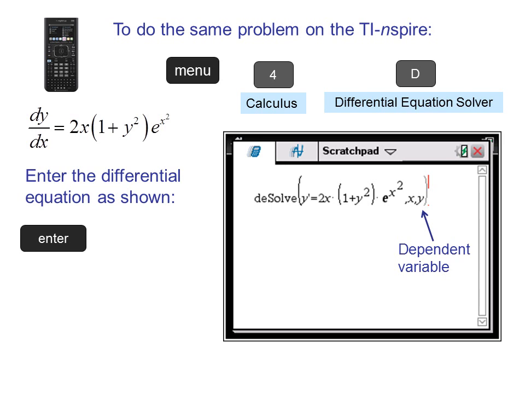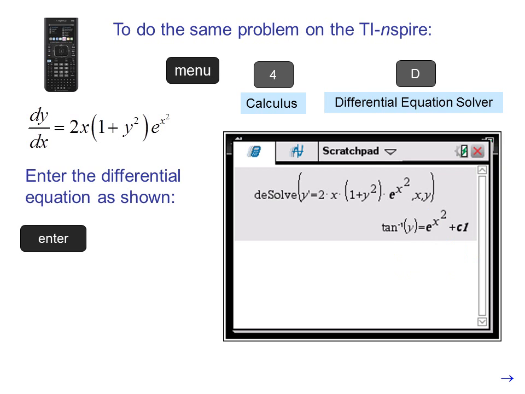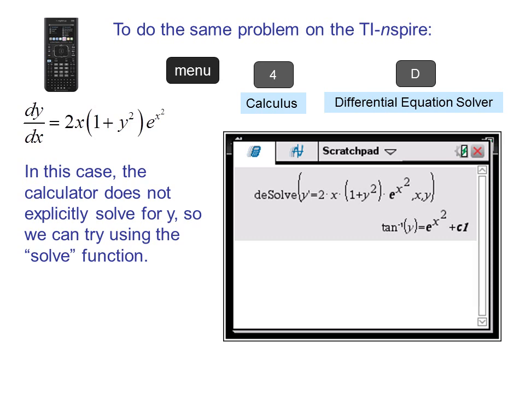And we press Enter to see our solution. The calculator finds a solution and includes a constant, but in this case the calculator does not explicitly solve for y. So we can try using the solve function.